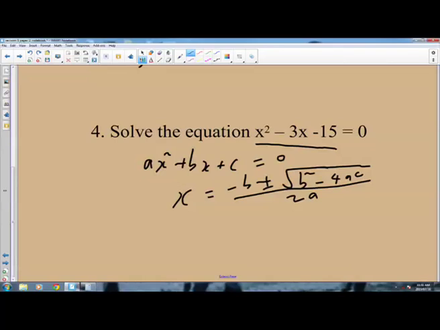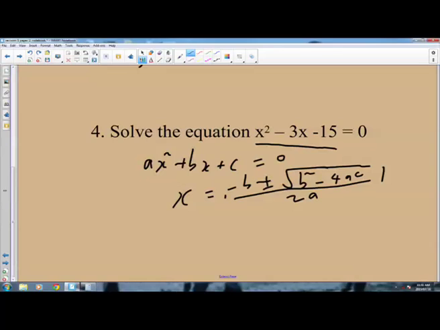Remember, you are dividing the whole of minus b plus or minus the square root of b squared minus 4ac by 2a. It has to be from this point up to here.